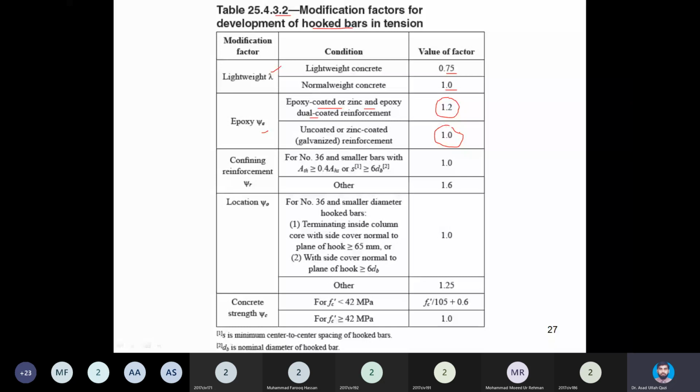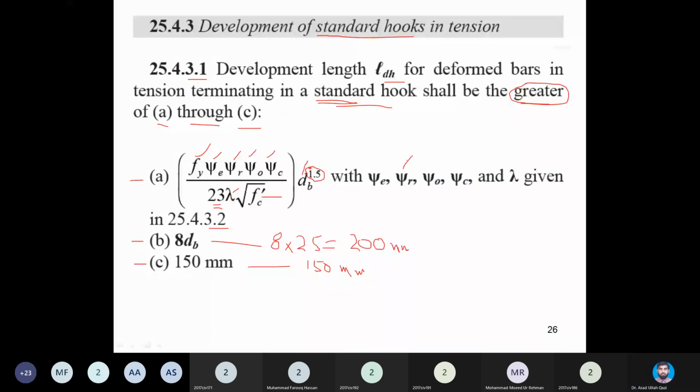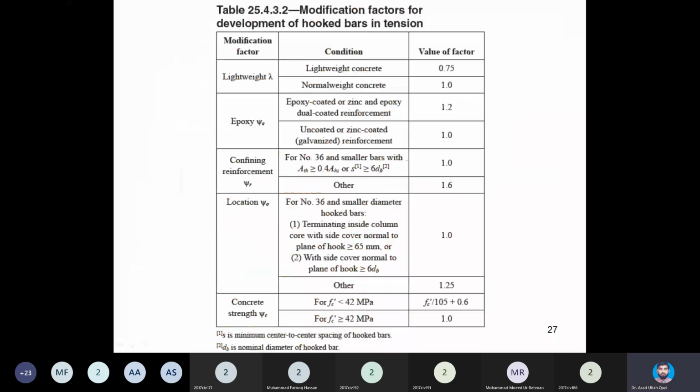Now there was one other factor, psi R. This is a very important factor and was introduced in this 2019 publication. I will explain it in detail because some revision is made in this factor in the latest publication. It is also a confinement term, and it takes the subscript R. It is stated for number 36 and smaller bars, because actually to make a hook for a larger dia bar is not feasible.